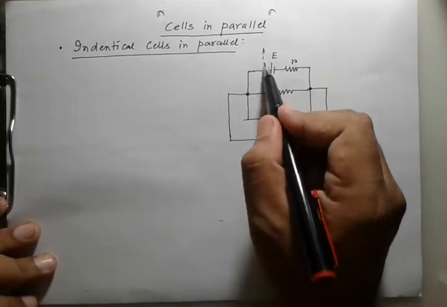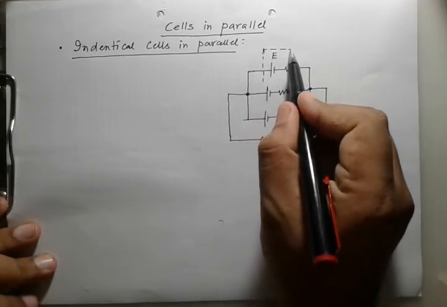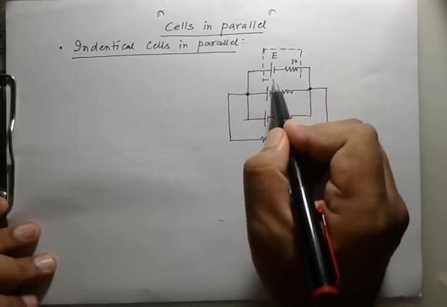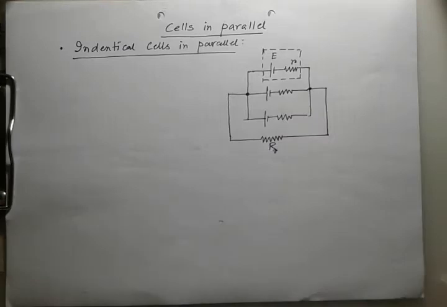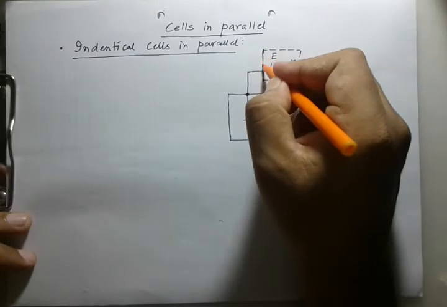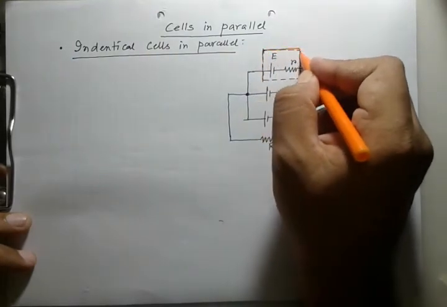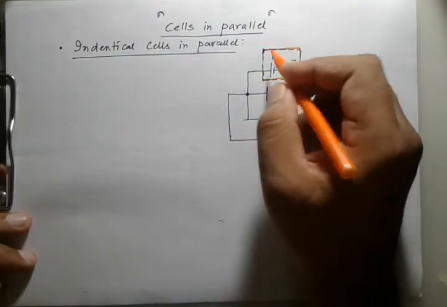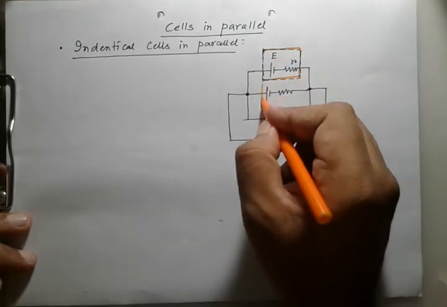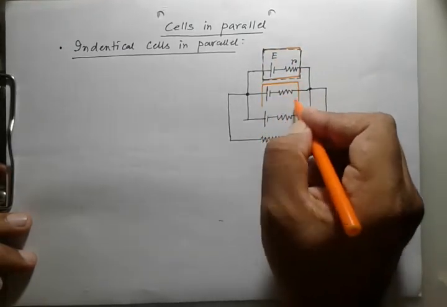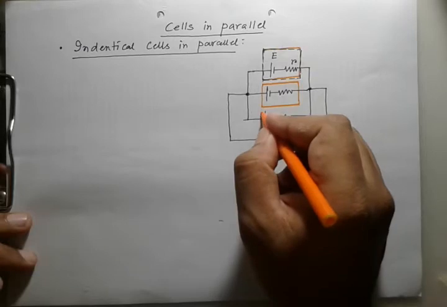So this cell you can say is the C1 cell. Draw them in different colors so that you can understand easily. This is the cell C1, this one is the cell C2, and this is the cell C3.